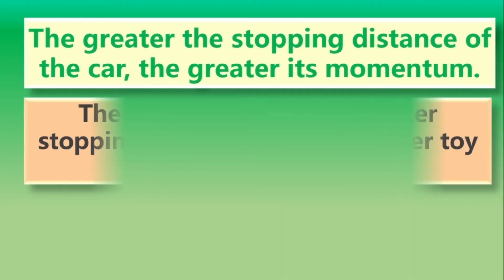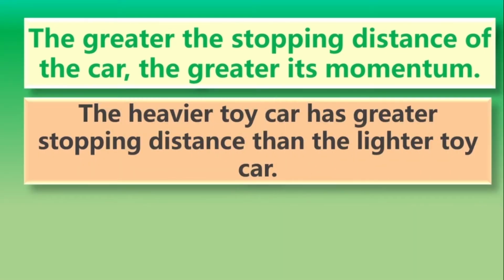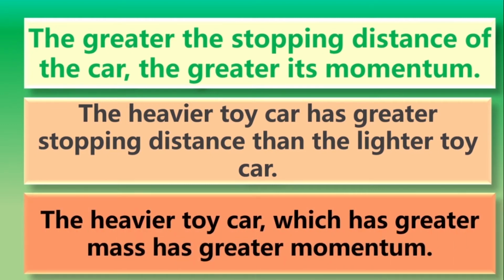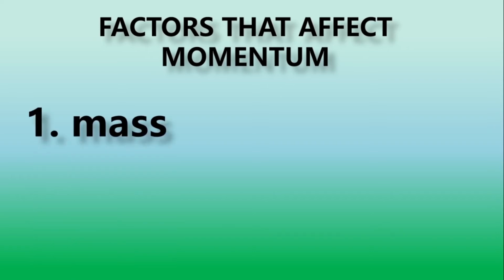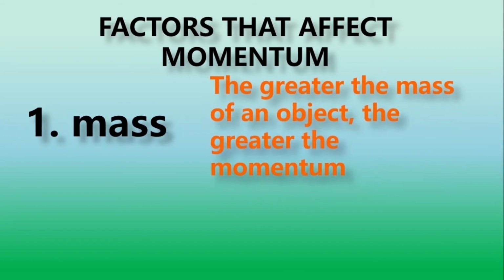And since the heavier toy car has greater stopping distance, therefore, the heavier toy car, which has greater mass, has greater momentum. So, can you give one factor that can affect the momentum of the vehicles? The answer is the mass. The greater the mass of an object, the greater the momentum.